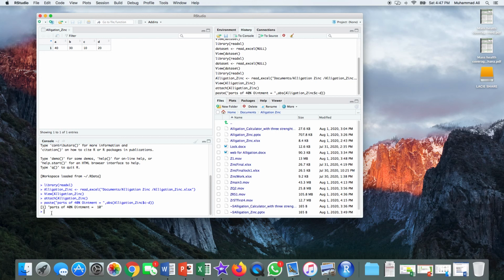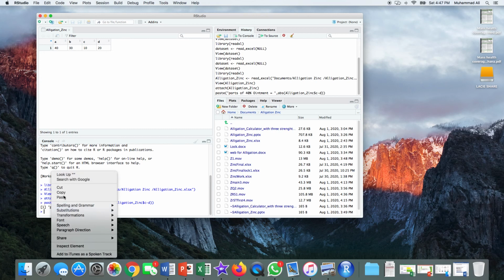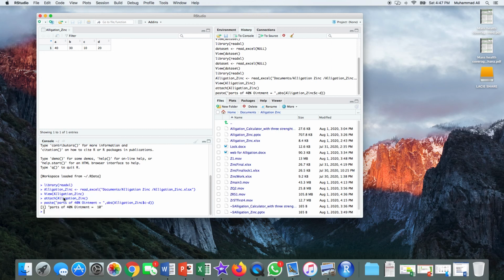Now let's calculate how many parts of 30% ointment are needed. Here is the formula for that, and here we have applied the command ABS, which is the absolute value, which will give us the difference between the two values.